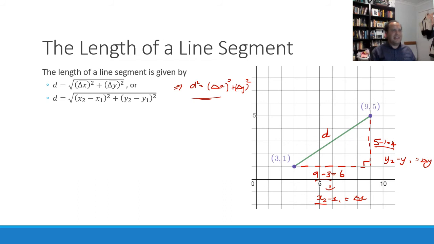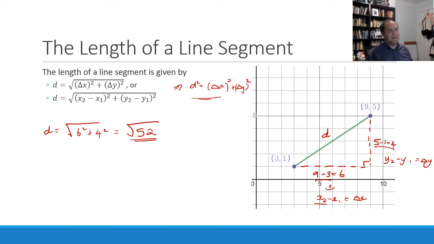That's all we're saying. So in this situation here, we've got d equals the square root of 6 squared plus 4 squared. 6 squared is 36. 4 squared is 16. 36 plus 16, square root 52.